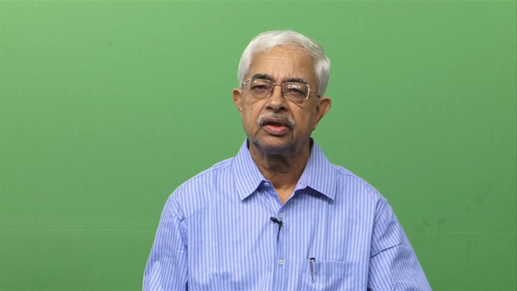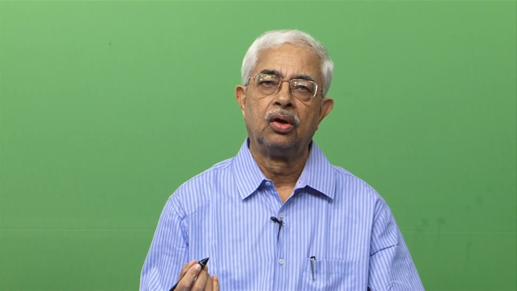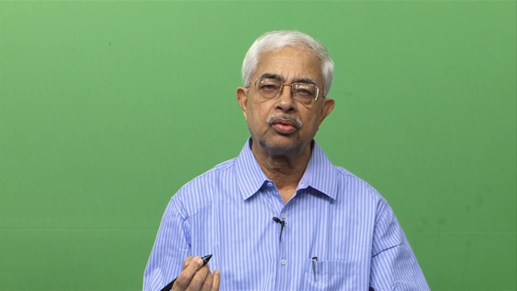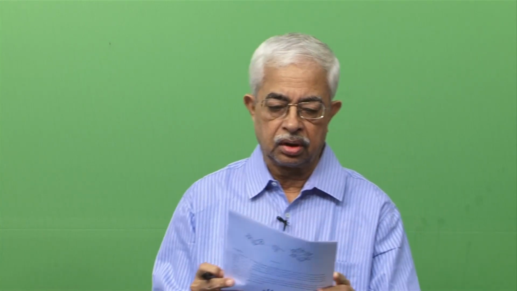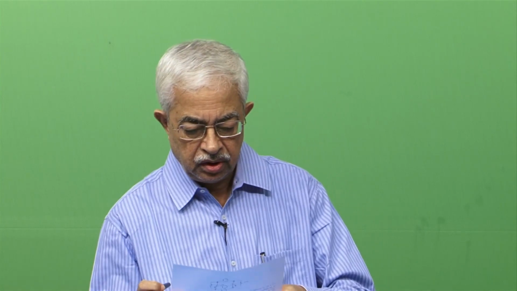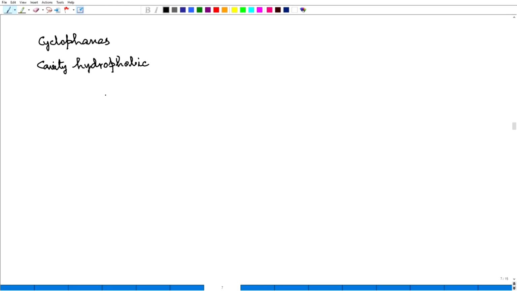I will not discuss the synthesis of these cyclophanes, because it is similar to the synthesis of macrocycles or macrobicyclic compounds. But I am going to write some structures, so let me draw some representative cyclophanes.